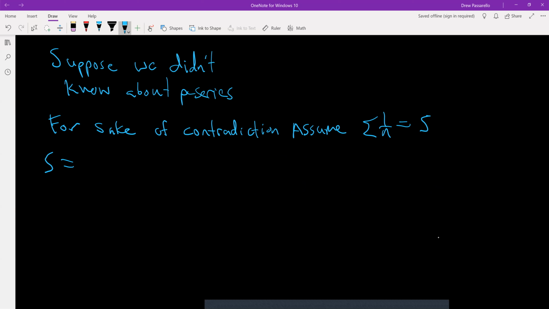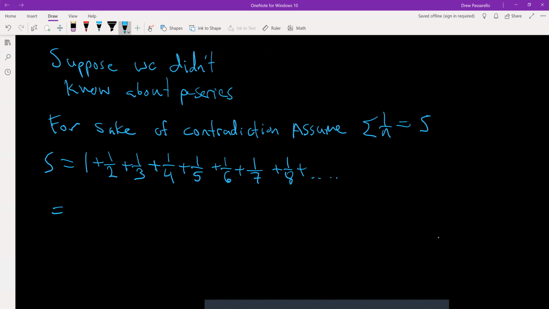is going to equal the sum of this, and the sum of this is going to be 1 plus 1/2 plus 1/3, and then I'll write it all the way up to plus 1/8. And we could group terms like the following.